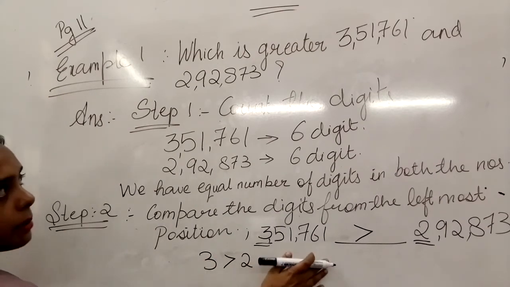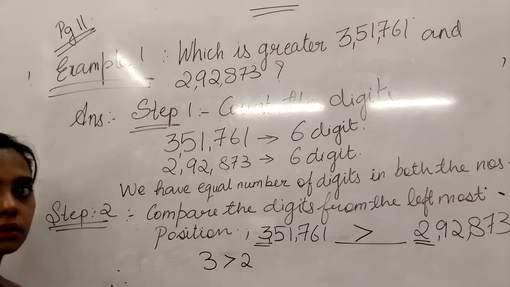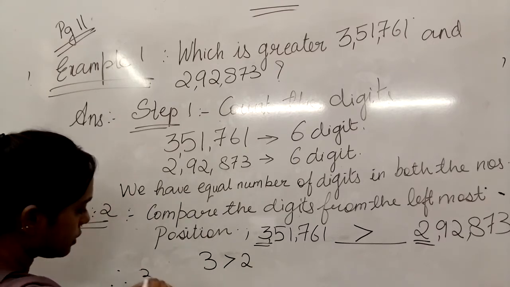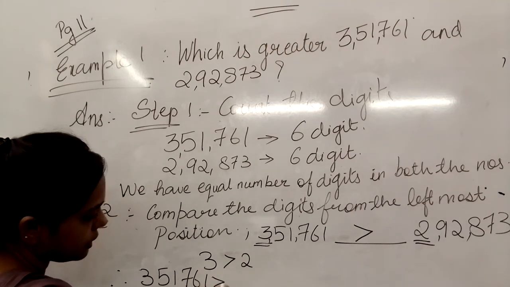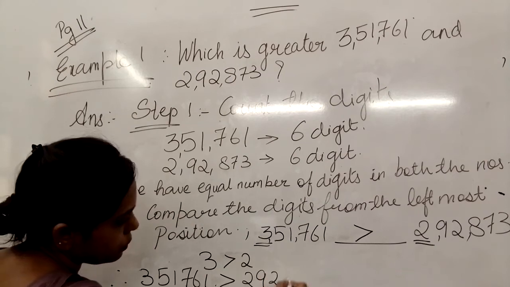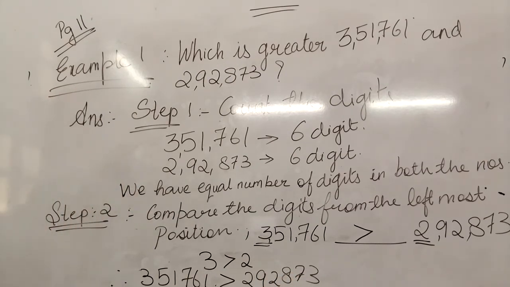Therefore, you will write 3, 5, 1, 7, 6, 1 greater than 2, 9, 2, 8, 7, 3. So this is your answer. Write this down fast so that we can do our next exercise, next question.